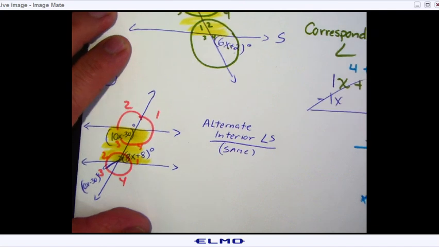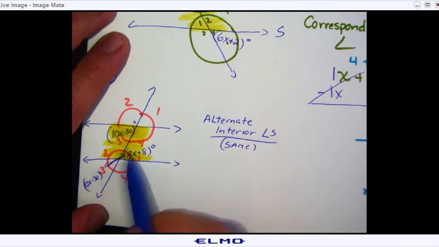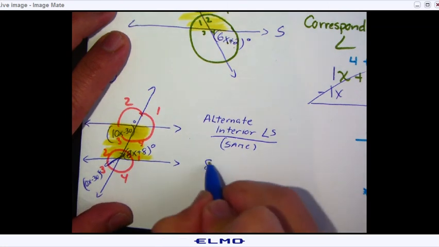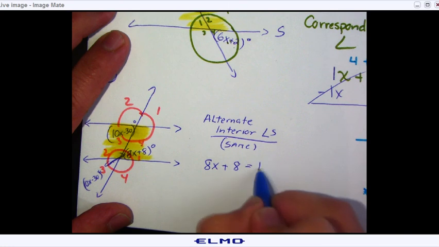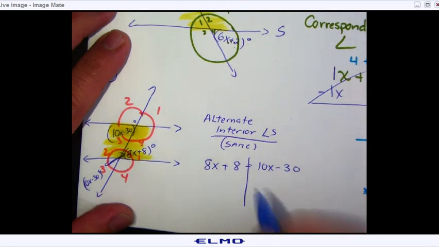Okay? It doesn't mean this plus this equals 180. It means that they're the same when they're across from each other. So again, we're going to do 8x plus 8 equals 10x minus 30. See that?